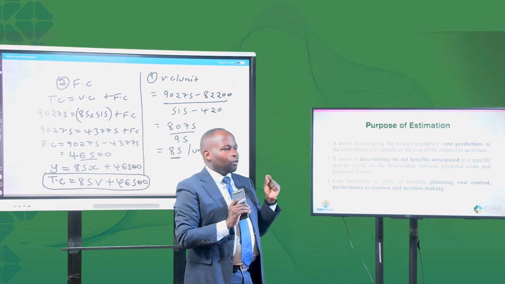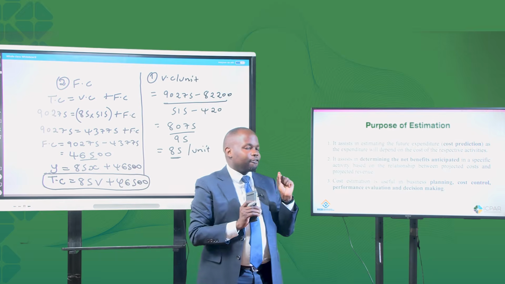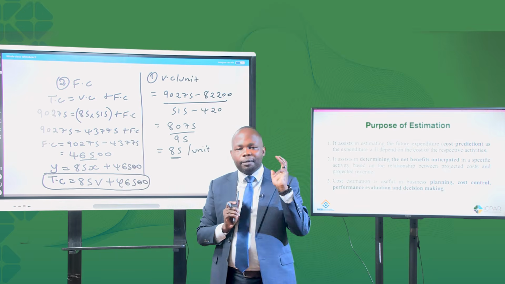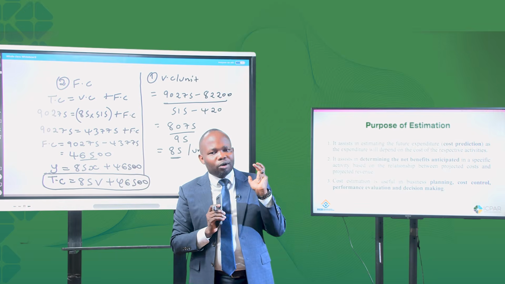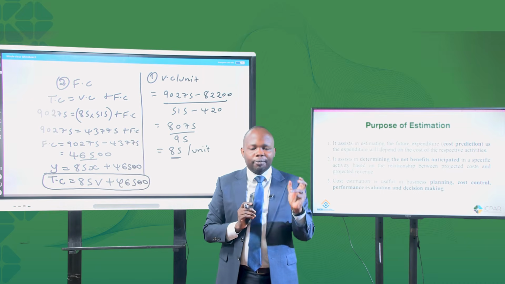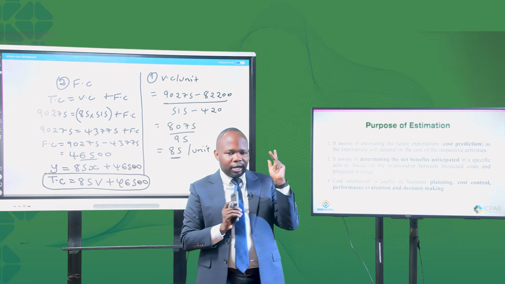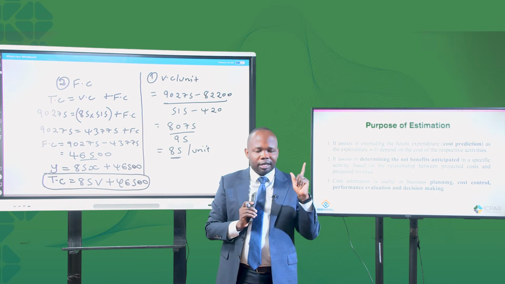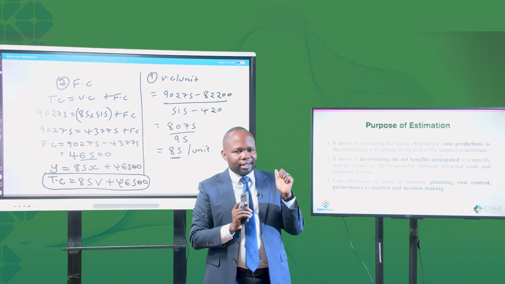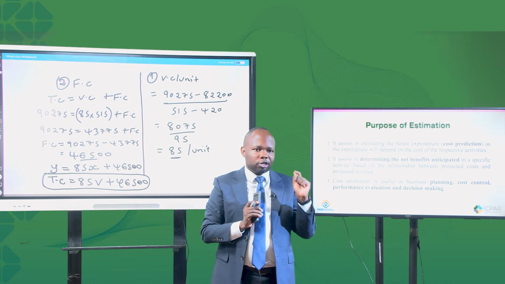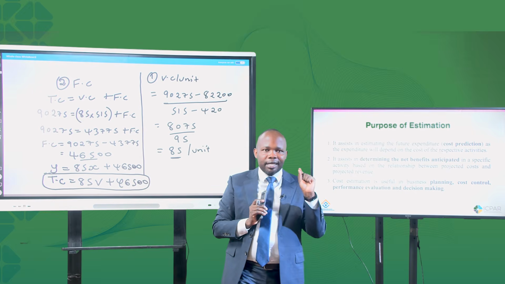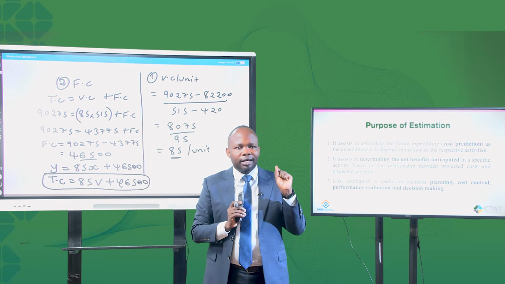And then we have said when estimating cost, there are 4 steps involved. Step number 1, calculate the variable cost per unit. Step number 2, calculate the fixed cost. Step number 3, formulate the total cost equation. And lastly, you estimate the total cost at any given activity level.